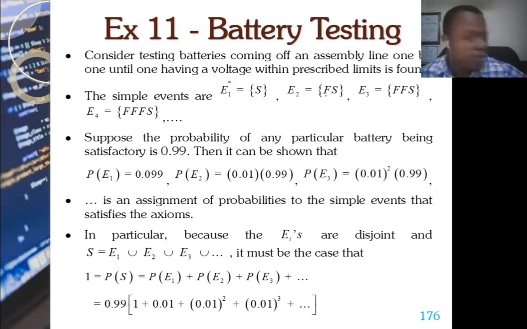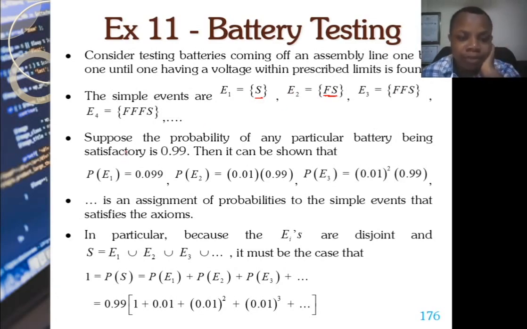So it could be that the first battery that comes off the assembly line will be within the prescribed limits, which means the first event is a success. Or it could be that the first battery will be faulty, but the second one will be within the prescribed limit. So we could also have the events failure and then success. We could also have the event where the first two batteries are faulty, but the third one is successful. And this can continue to infinitely many events.